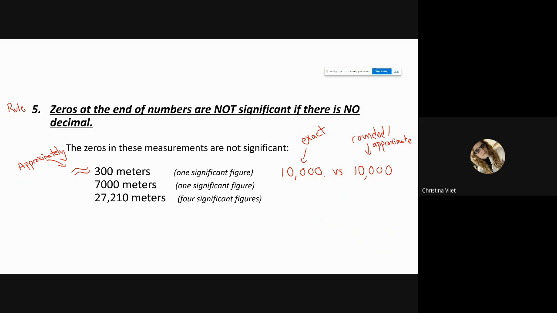So my question to you then is, how many significant figures are in 10,000 with a decimal? How many of these values matter? Does the 1 matter? Yeah. Do all of these 0s matter? Yes. So this would be 5 significant figures. By the way, when you're answering questions, significant figures is a lot of letters.